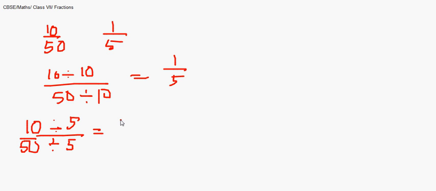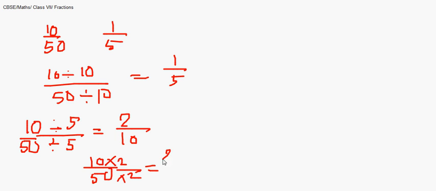It will be 2 by 10. So 2 by 10 is also an equivalent fraction of 10 by 50. Or I can increase the fraction. I can multiply by 2, thereby getting 20 upon 100, and that would also give us an equivalent fraction. This was about finding equivalent fractions.